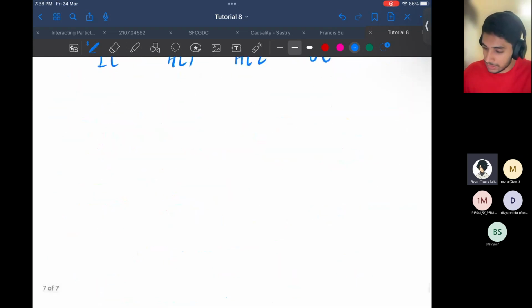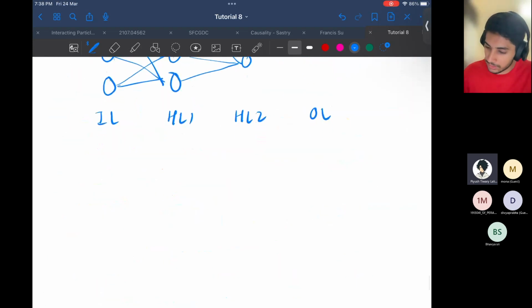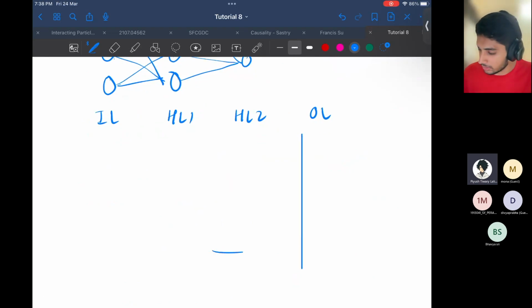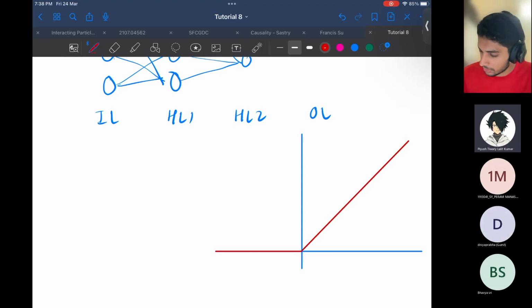So whenever a question like this comes, the first thing you should do is draw the activation function itself. So how does the ReLU function look like? It is zero on the negative side. On the positive side, it is y equal to x, right? This is how the ReLU function looks like.